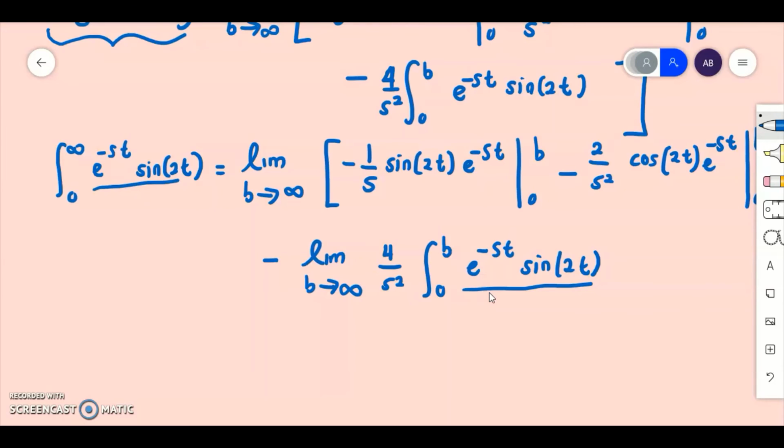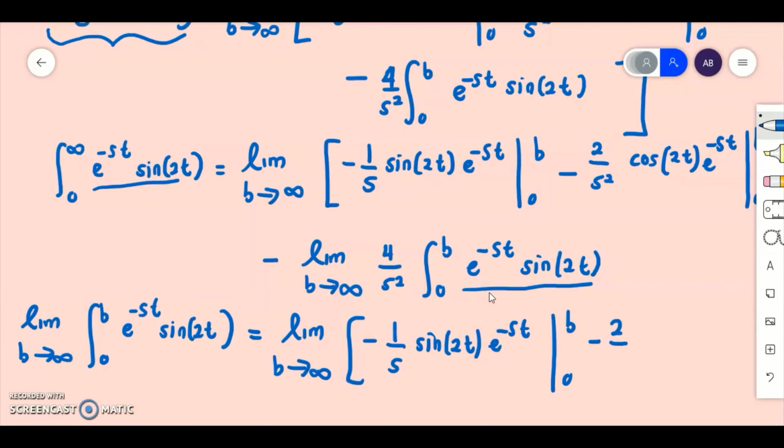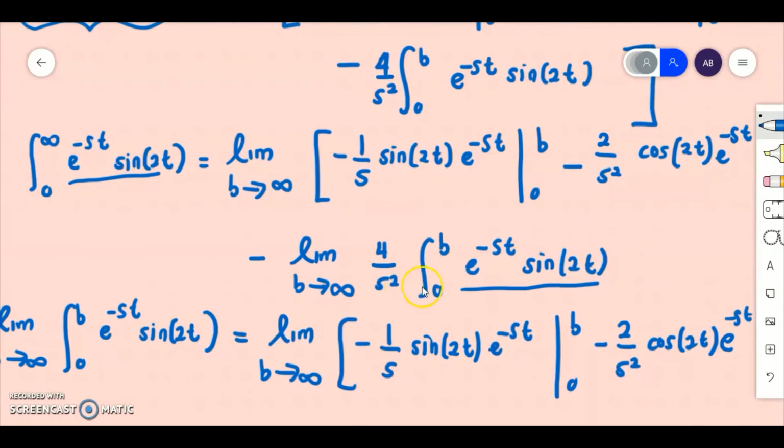Now this indefinite integral, I can write as limit b approach infinity 0 to b exponent negative st sine 2t, which is equal to limit b approach infinity negative 1 over s sine 2t exponent negative st from 0 to b minus 2 over s squared cos 2t exponent negative st from 0 to b.